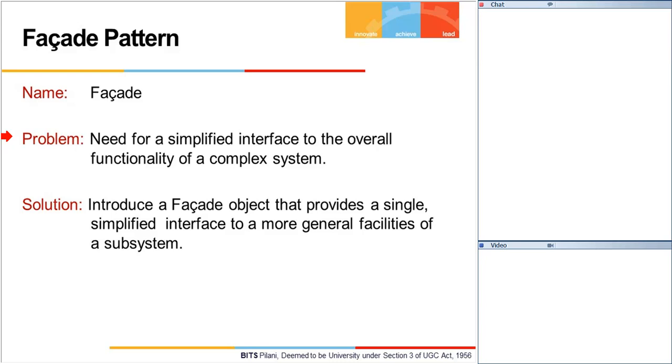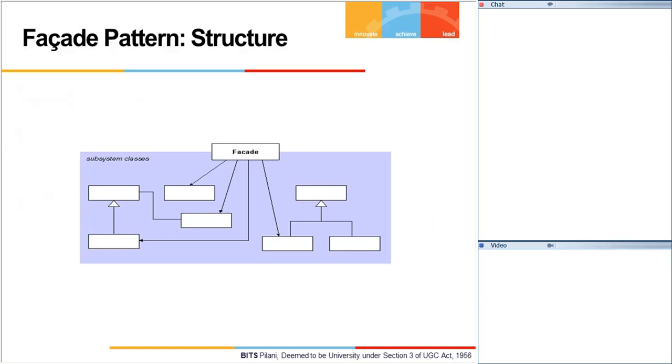The solution is to introduce a common object, called a facade object, that provides a single simplified interface to the more general facilities of a system. We'll move to an implementation of the facade pattern and understand it using that.